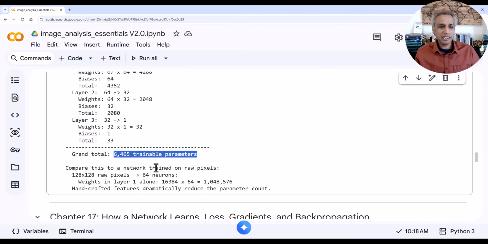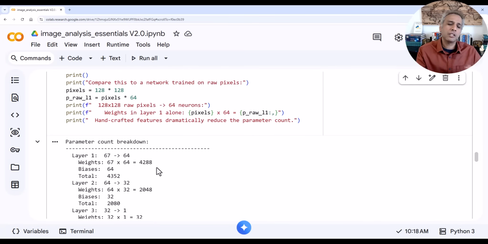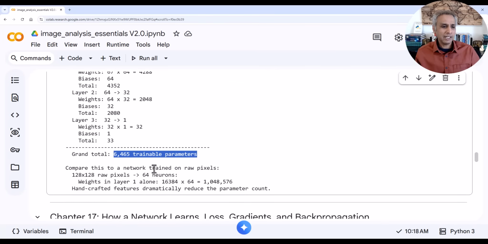Now, if you basically train on raw pixels instead of extracting features, we went through all this exercise of generating features and creating a feature vector and now using the feature vector to train the model. Why do all of this? Why not just supply an image? Every pixel. Well, if you want to do that, then even an image of 128 by 128 raw pixels connected to 64 neurons, you get like 1 million parameters in just one layer alone.